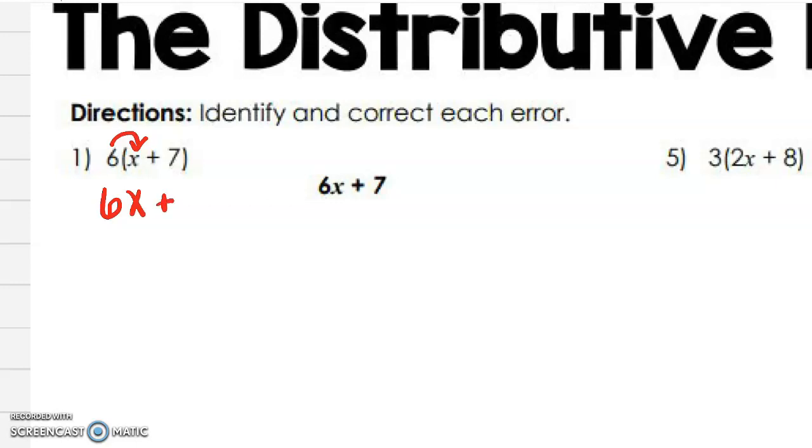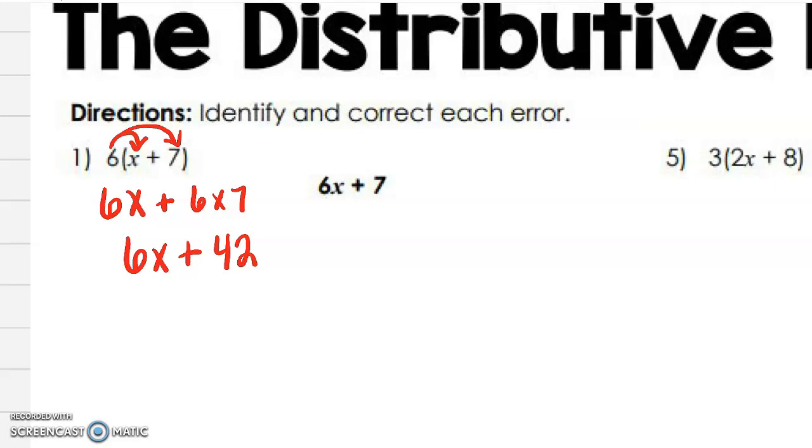I'm going to write my plus sign, and then I'm going to do my 6 times 7. So then if I solve it, it's 6x plus, what is 6 times 7? Hopefully you said 42. And then there's nothing else that we can do to solve right now.